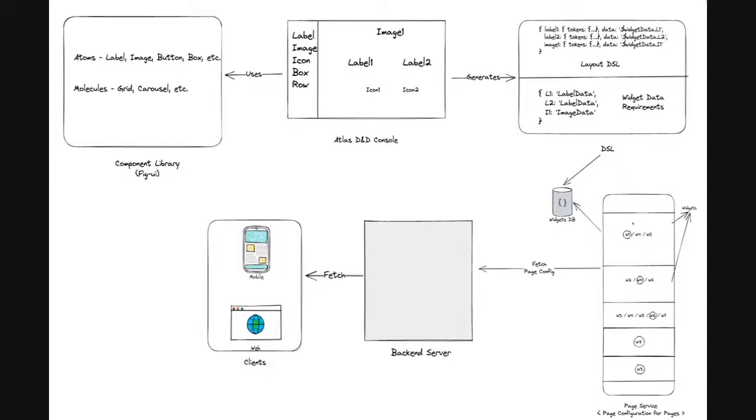For each position on the page, each slot, this page service has a set of options. It can show any widget, like slot 0 here is showing widget 1 out of 4 configured options, like widget 1, widget 4, widget 5.